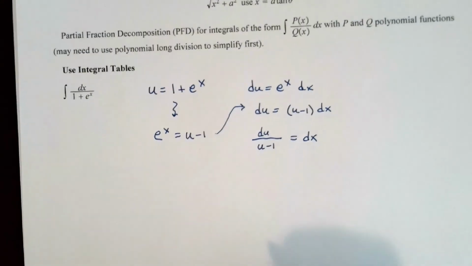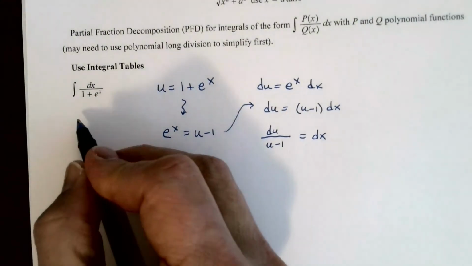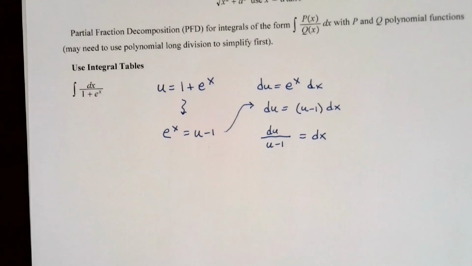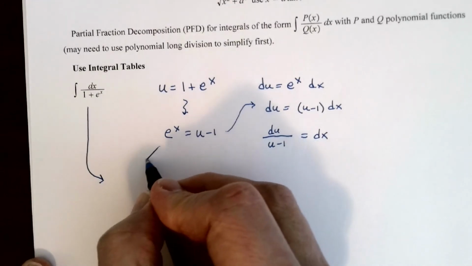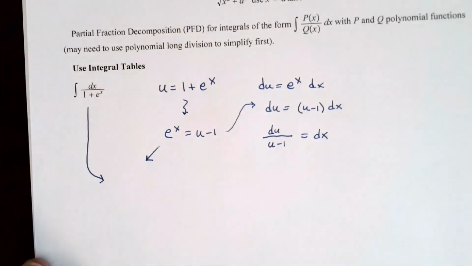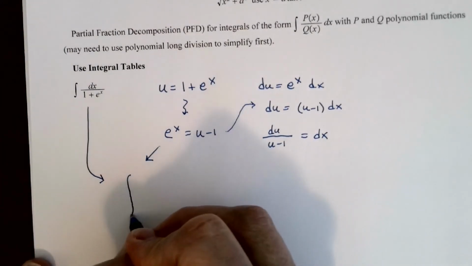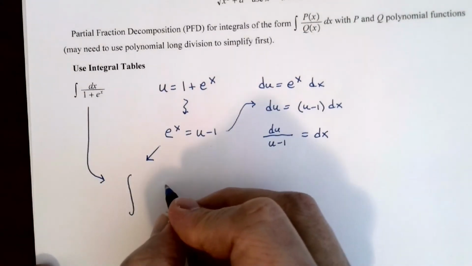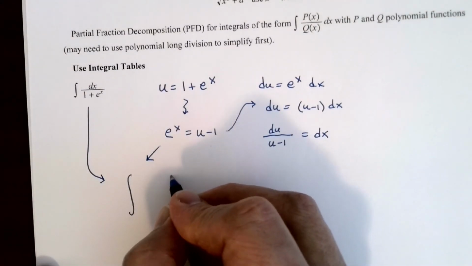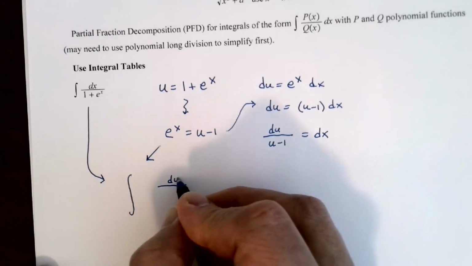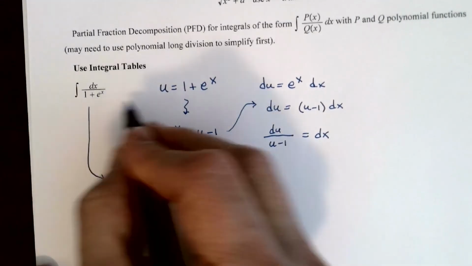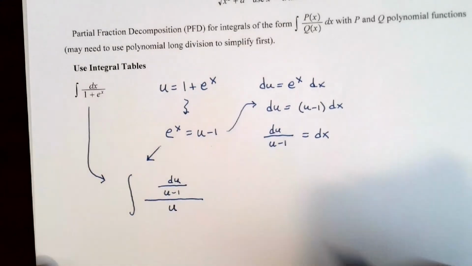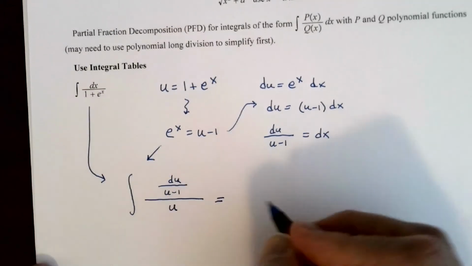Now, what does this do? If I use this particular substitution, what do we get? dx is du divided by u minus 1. That's what I have up top. And down below, 1 plus e to the x is just u. Well, simplify.